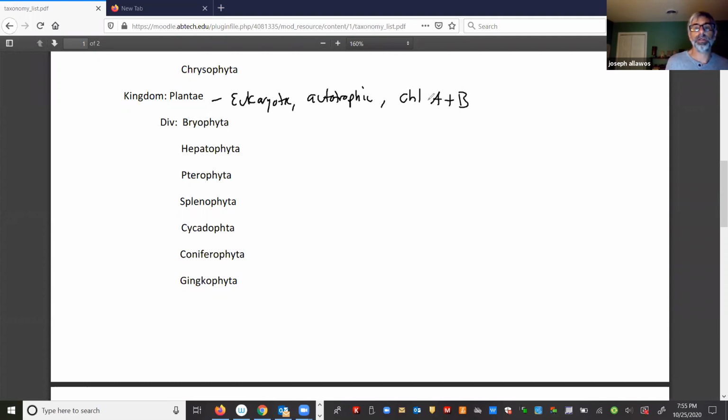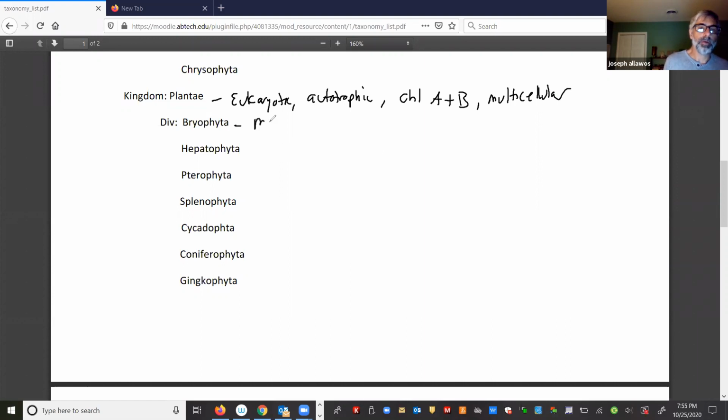It turns out that other photosynthetic organisms, like there are photosynthetic bacteria, for example, and also the algae, they don't have both chlorophyll A and B. Mostly they just have chlorophyll A. So these strung together. And then the other thing is they are multicellular. All plants are multicellular. Okay. What are these things?